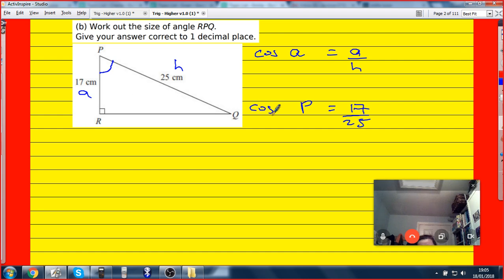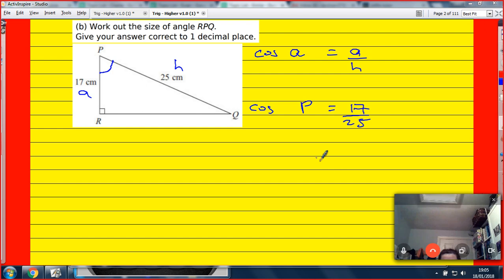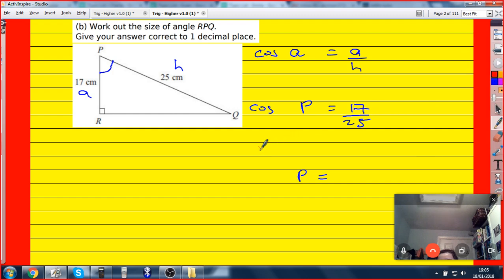Okay. So how do I get P? Do you have to do the opposite to cos? Or do you have to do cos minus 1? Yep. Then 17 over 25.